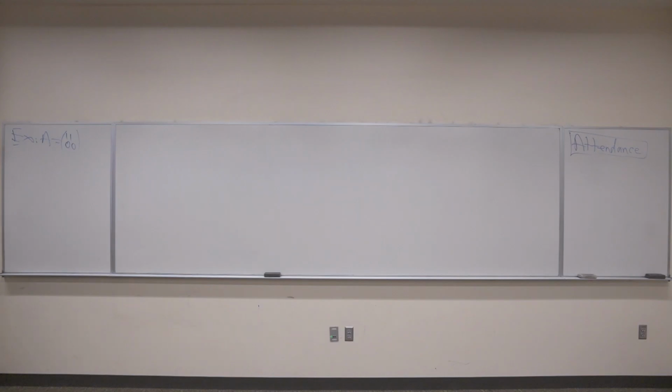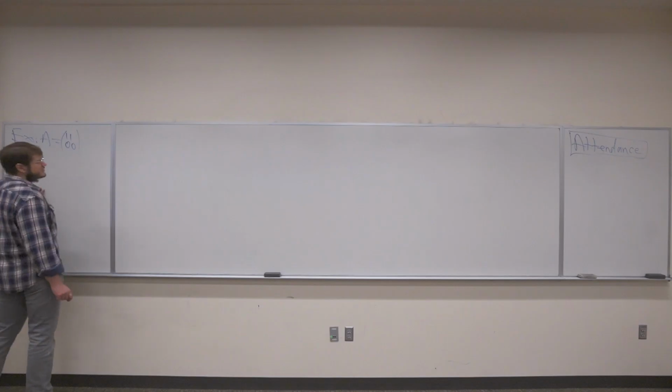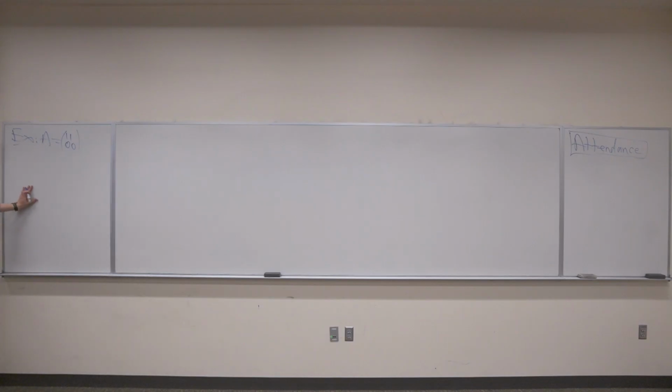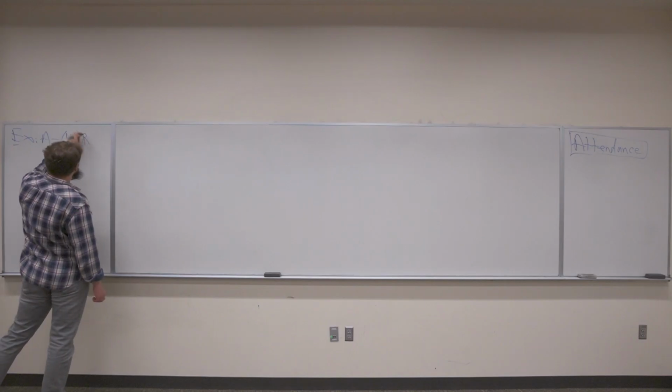A is this, 1, 1, 0, 0. It's a rather straightforward matrix, but I can think of it as a linear transformation from the plane to itself.